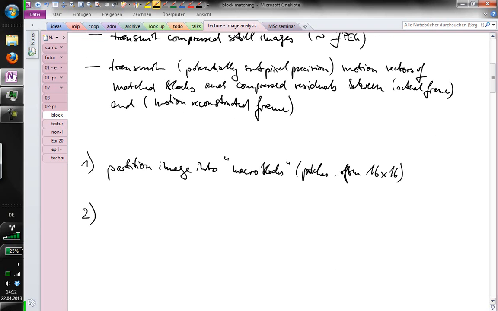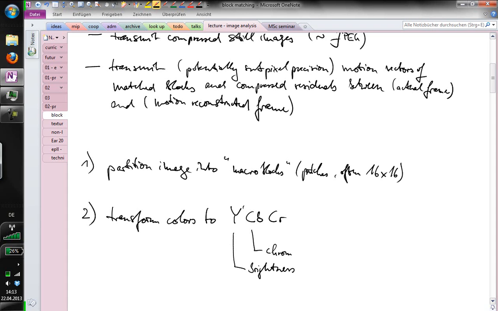You then transform to a different color space, and the one that is used in this field is a representation where you have a brightness channel, which is visually the most important one, and then you have CB, which stands for chroma blue, and CR, which stands for chroma red.